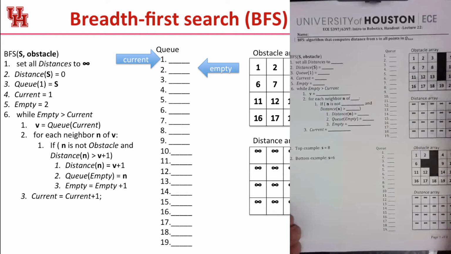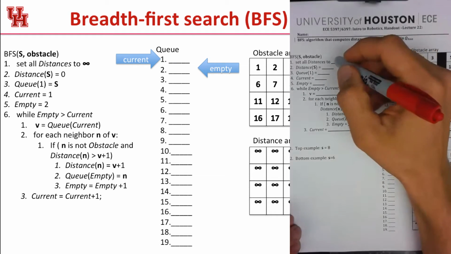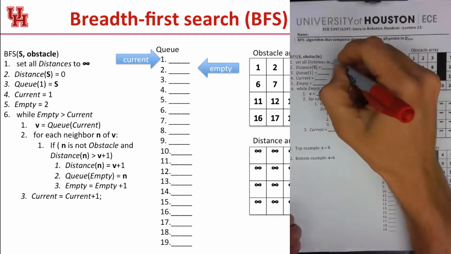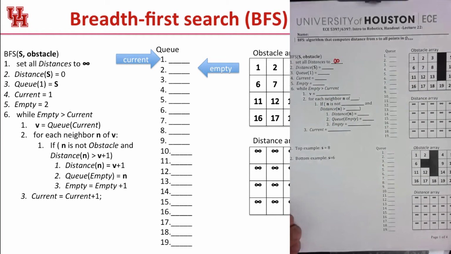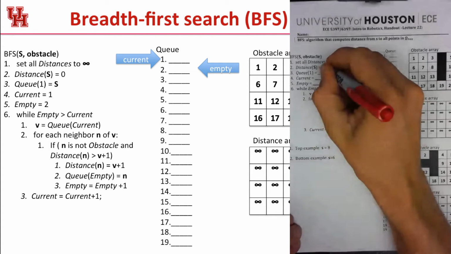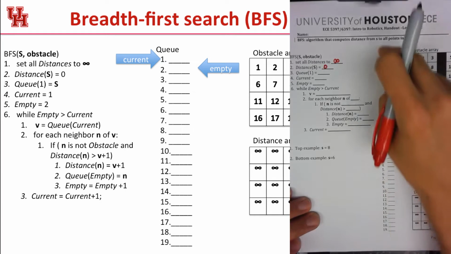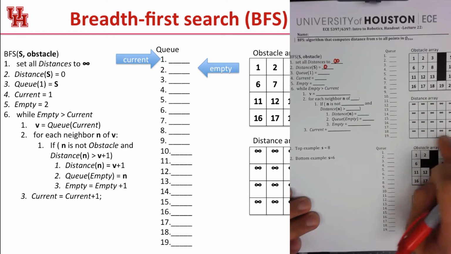So the first thing we do is we build an array called a distance array, and we set all the distances to infinity. And then we're given the starting node, and that starting node, its distance to itself is going to be 0. And then we're going to be maintaining an array called a queue, and then this distance array.